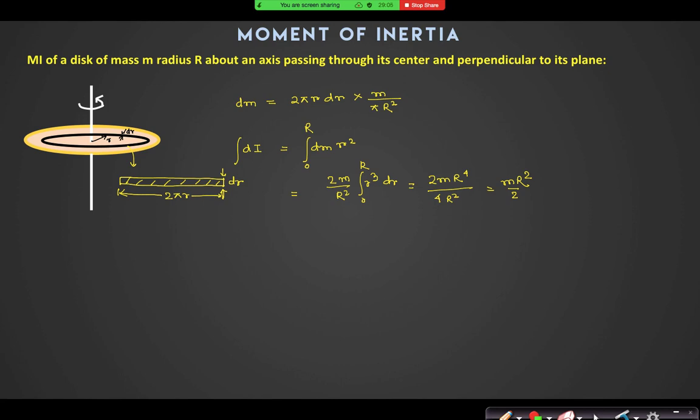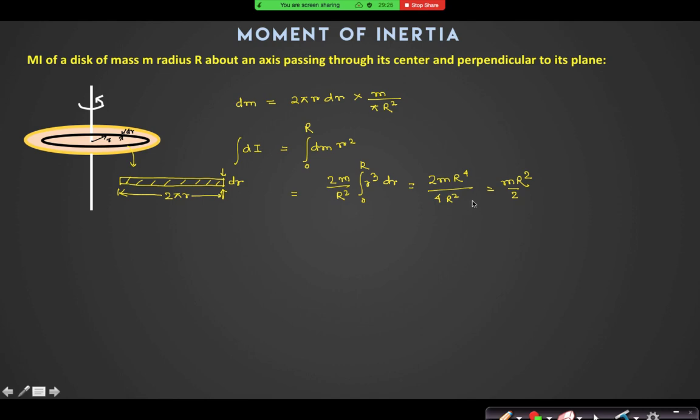Moment of inertia depends on mr square, so does it not depend on the mass? It depends on mass, definitely, but not proportionally. In the case of the ring, the mass was less, but the moment of inertia was mr square. And here it is an entire disk, but it has a lower value.